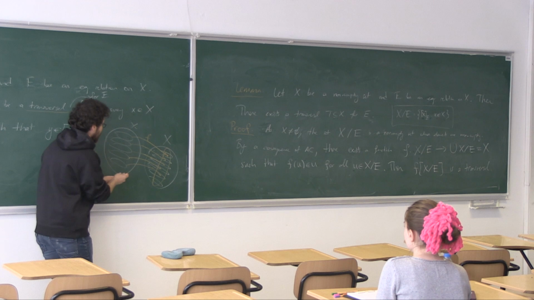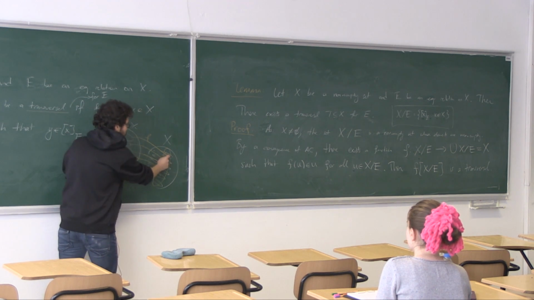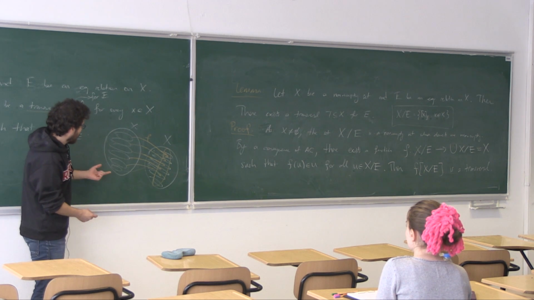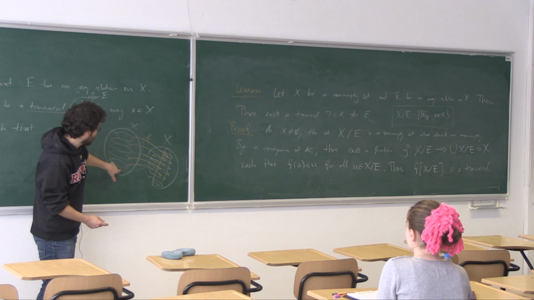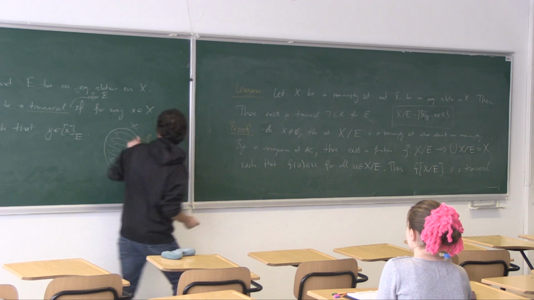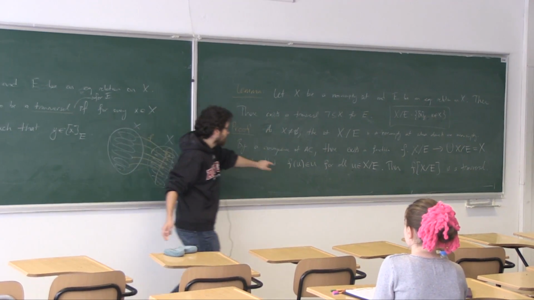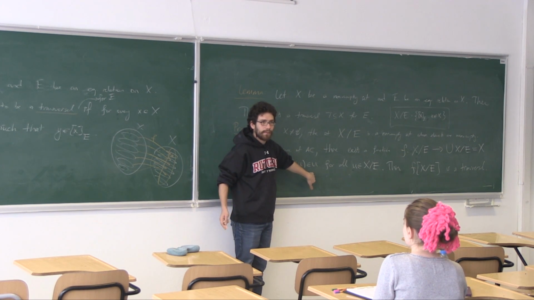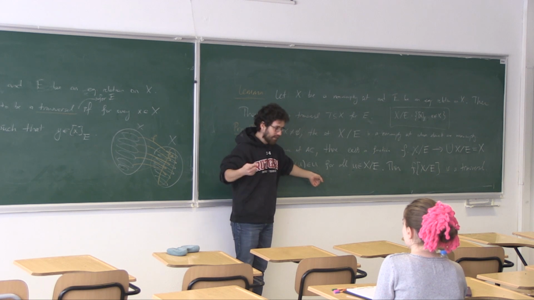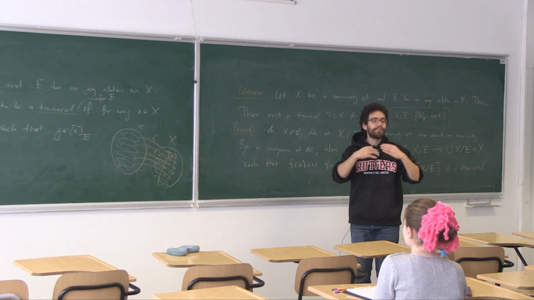Pretend that there's another equivalence class here such that this is also mapped to this. What would happen? Call this u, call this v, f of u is in u, f of v is in v. No, I'm not making sense. Let me rephrase.